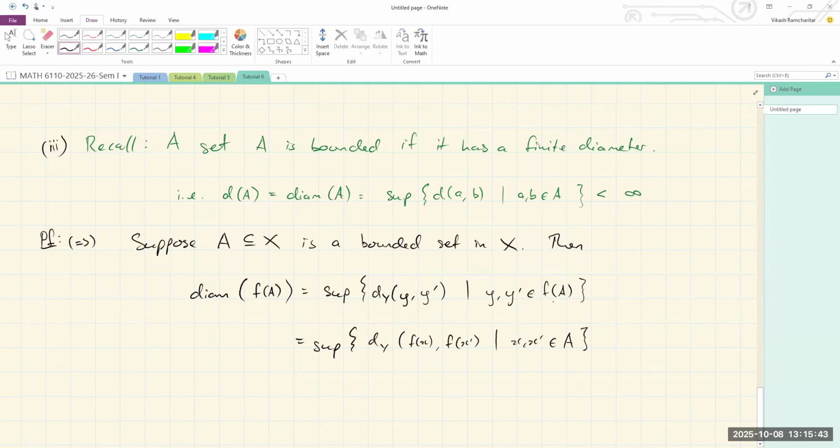What is the set f of A? The set f of A is simply all function values where the input comes from A.